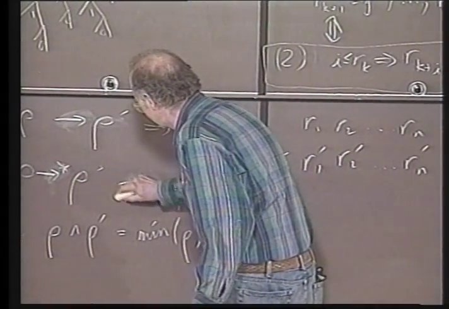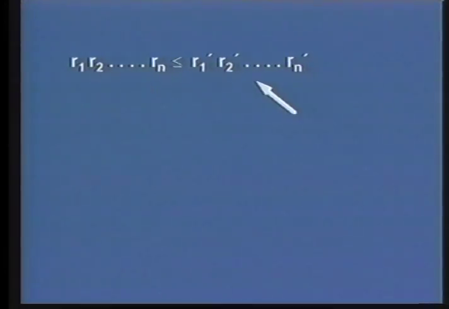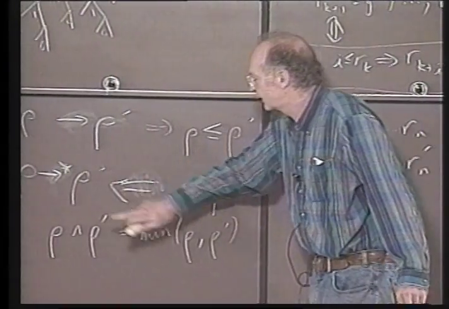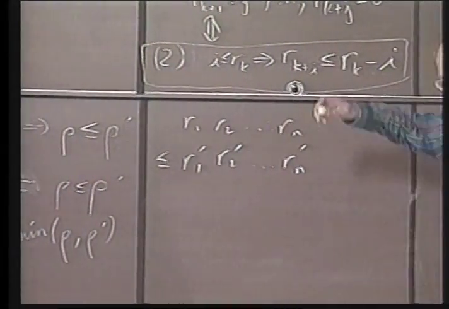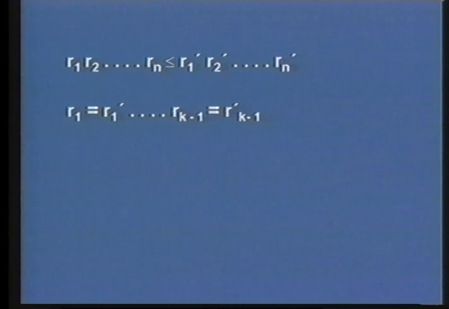I'm going to try to prove that if I have two sequences, this one less than or equal to this one, then I can rotate this tree into this tree, that there is a rotation. So let's suppose that R1 equals R1 prime up until R(K minus 1) equals R(K minus 1) prime.